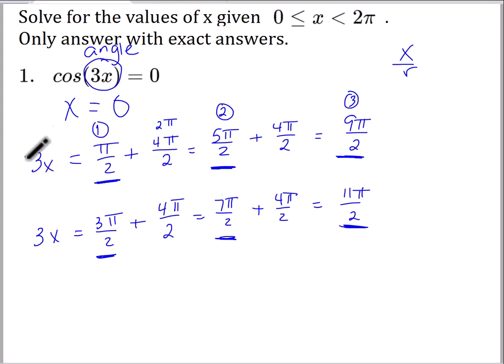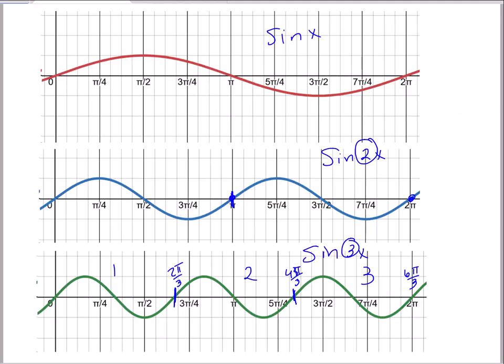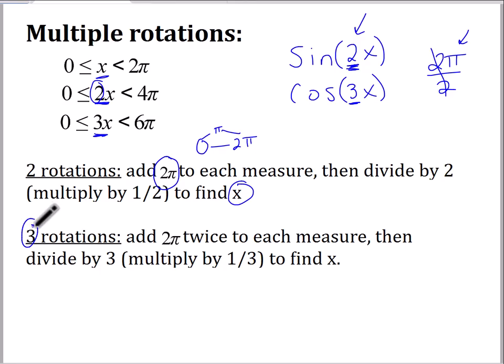Okay, but x isn't by itself yet. And so if we go back to our instructions, when there's 3 rotations, we add 2 pi 2 times, which we've done. And then you're going to divide by 3, or in this case, since it's fractions, we're going to multiply by 1/3.